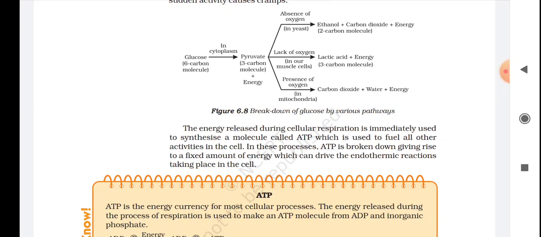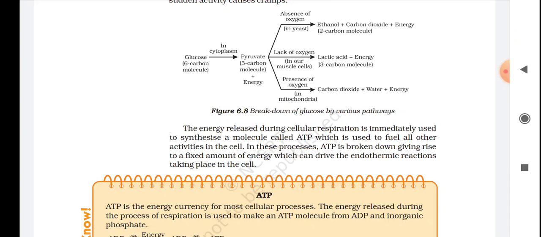So next is ETC, that is your electron transport chain. This is the second step in aerobic respiration. Aerobic respiration is what? In the presence of oxygen. So let's see the first point in ETC. This is the final step in which ATP is produced, right? This is the important point. Where do we get ATP?